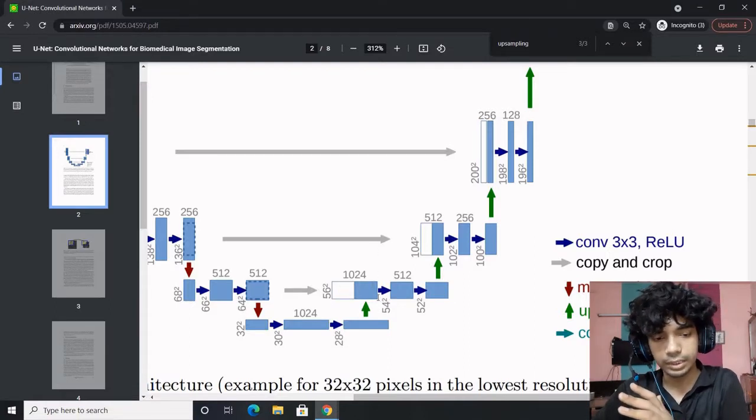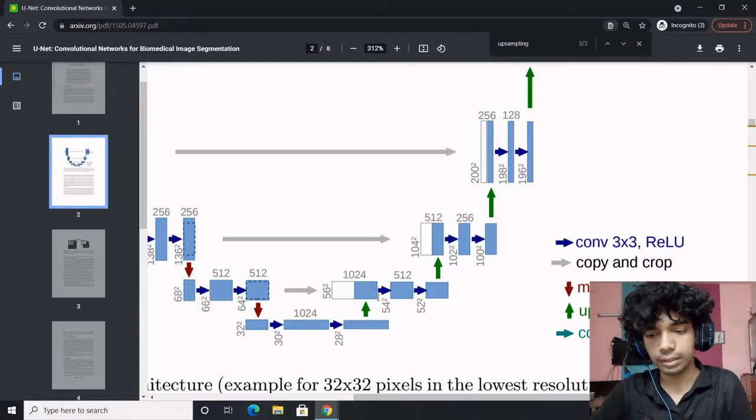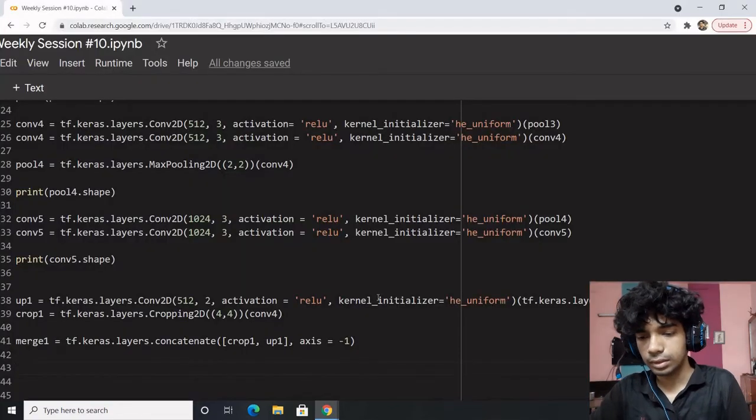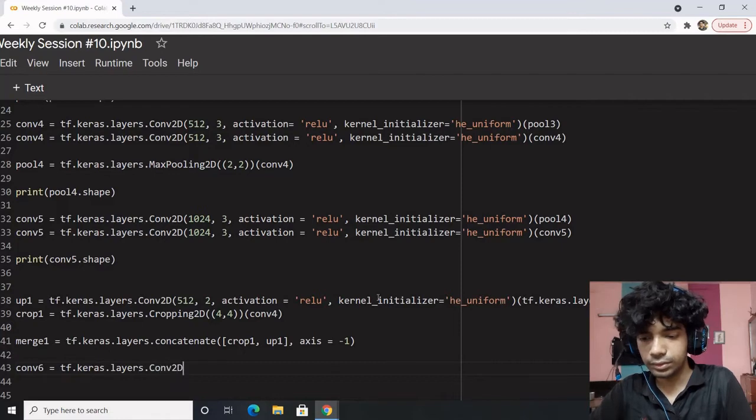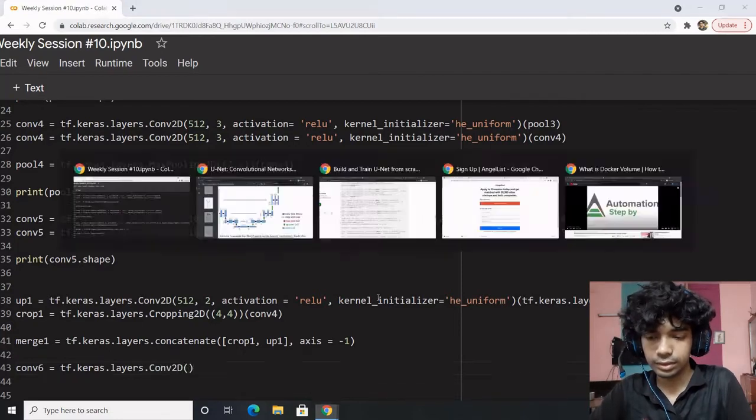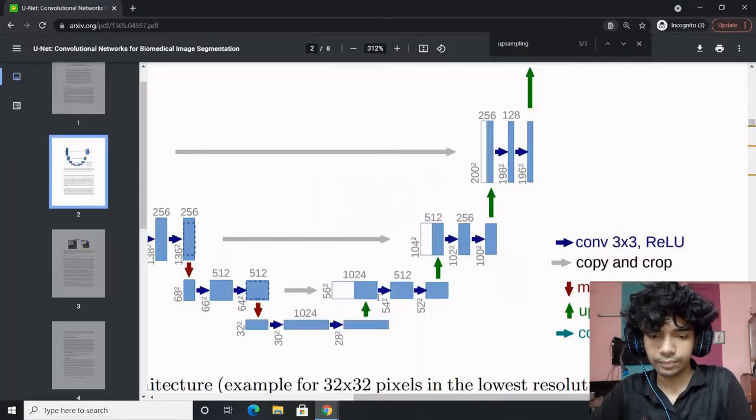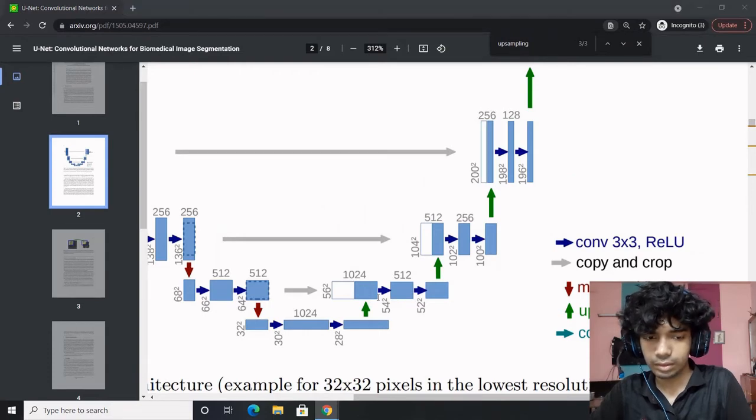Now let us proceed to convolution 3 cross 3 and relu. This would be my convolution 6, tf.keras.layers.Conv2D. Number of filters is 512.